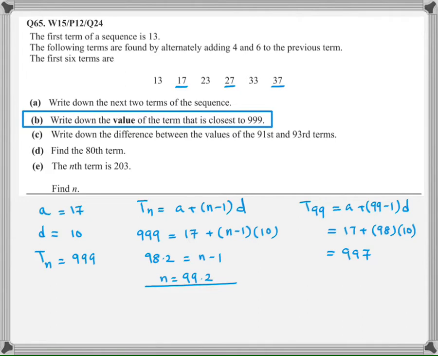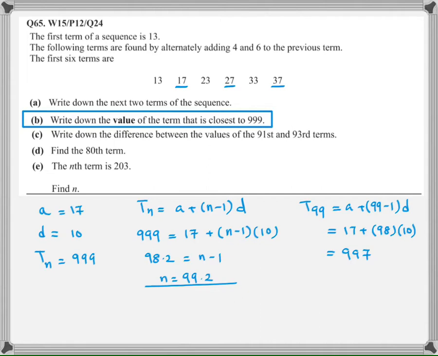That means closest to 999 would be a number which will have a unit digit of 7. So it was wiser for me to get started with the numbers starting with the 17 series, 17, 27, 37, because 999, is it closest to 993 or 997? It will have to be closest to 997. So that was the trick behind it. Well, you all learn with experience.